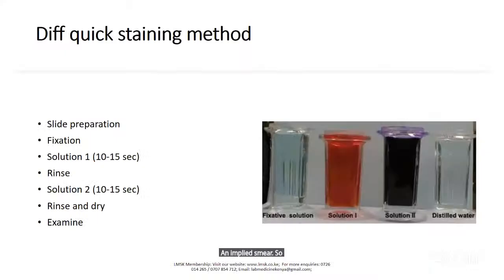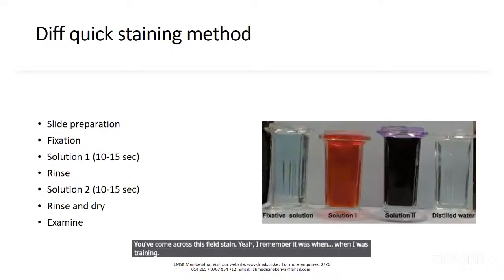So when you're talking about the diff-quick staining method, it's very rapid, and we normally use the field stains. I know most of us, when you are training or maybe in your station of work, you've come across the field stain. I remember when I was training, you were told that it's used to stain malaria parasites.